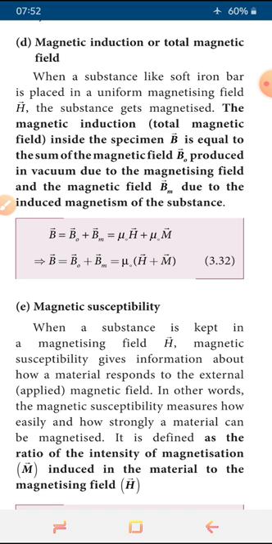When we place that soft iron bar in the uniform magnetizing field, it gets magnetized. About that we studied in the first property. Here we calculate the magnetic induction inside the specimen by adding two magnetic fields. One is B naught vector, the magnetic field produced in vacuum due to the magnetizing field. That is B naught.